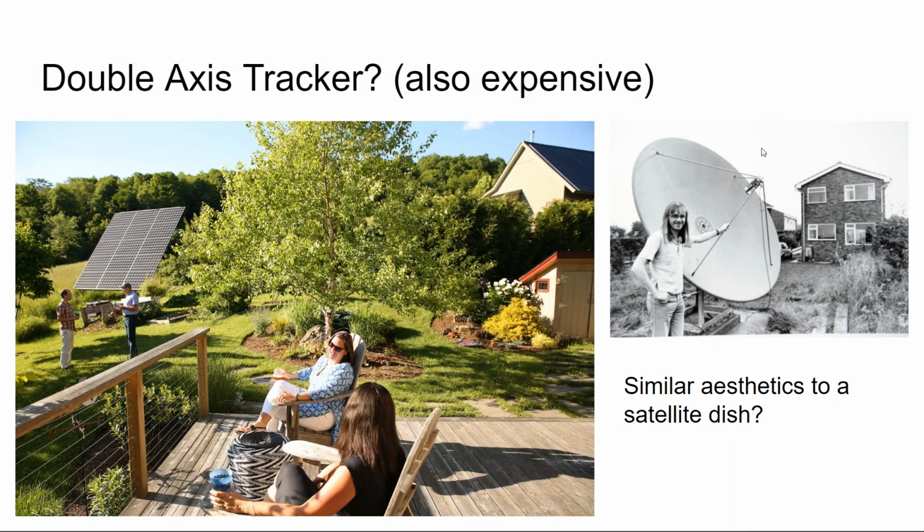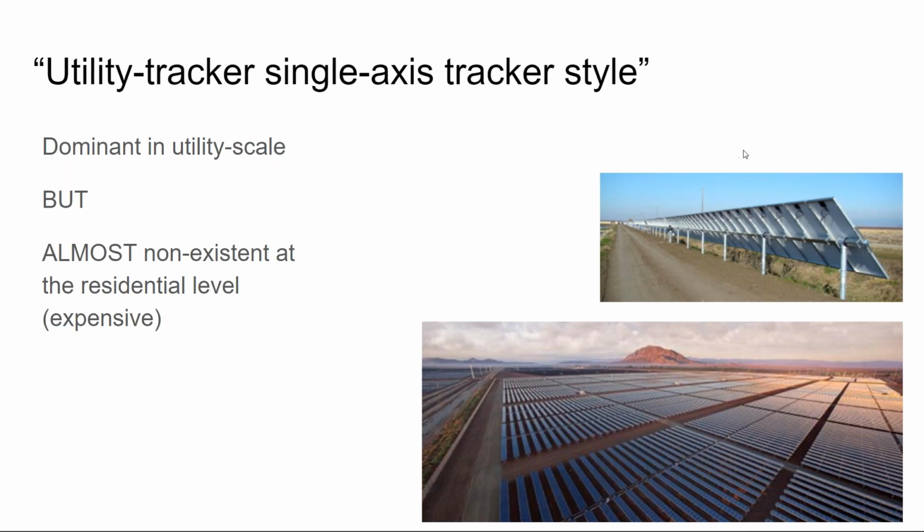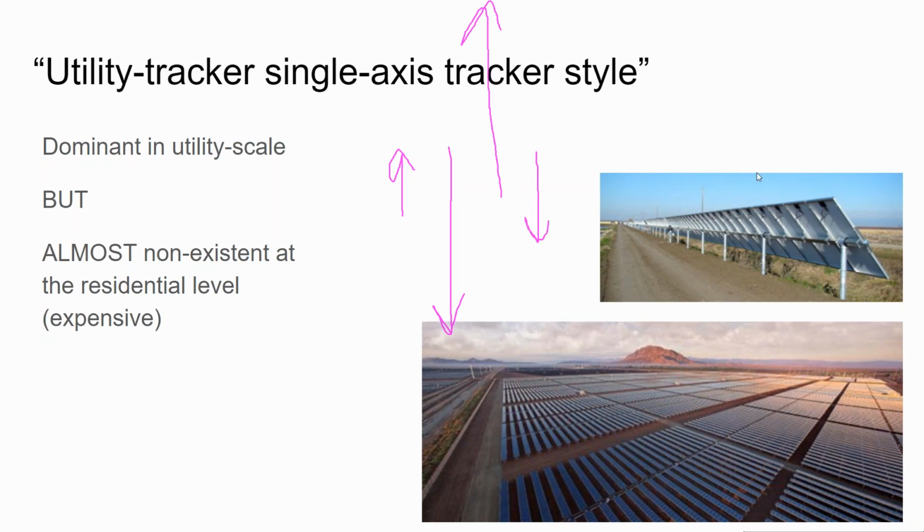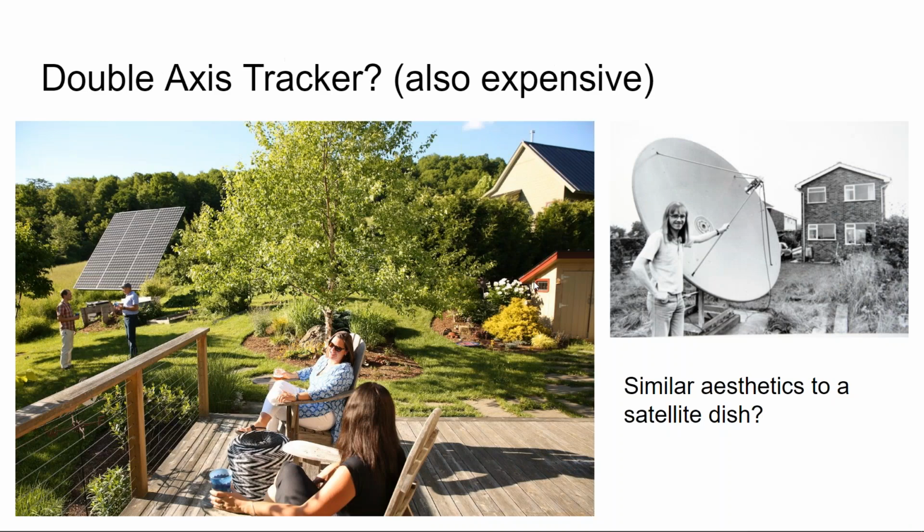When I price them out, it's not like utility scale where you get a 5% cost increase for a 15% performance. It's more like a 50% price increase for a 15% performance. But again, I believe that's because the single axis tracker companies are selling to a luxury market. They're not really honed in on cost effective design like you would be at the utility scale.